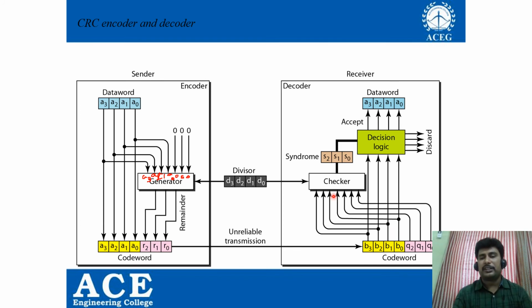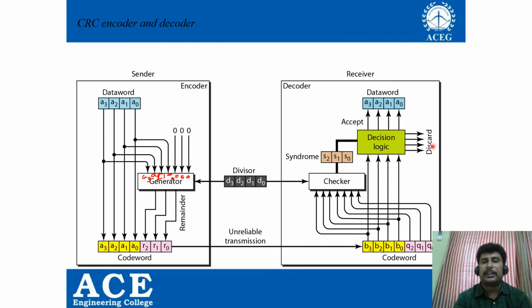The remainder generated from the modulo 2 division of the received code word with the divisor is called the syndrome S2, S1, S0. Like in the previous case, if the syndrome values S2, S1 and S0 are 0, 0, 0, it means there is no error. Whether the syndrome is 0, 0, 0 or not is decided by decision logic. If it is 0, 0, 0, remove the redundant bits Q2, Q1, Q0 and forward the data as A3, A2, A1, A0. If the syndrome is not equal to 0, 0, 0, we discard the data.